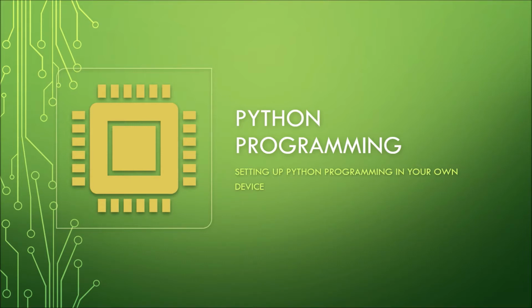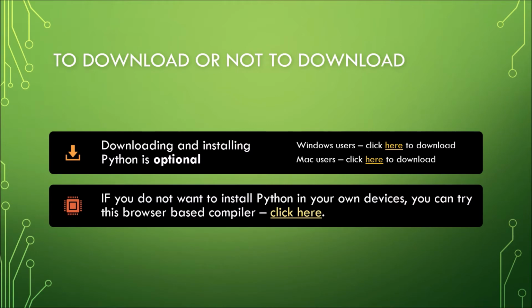Before we begin, you are going to need software to run your code, to compile your code, okay? To do that, I have two links here, one for Windows users and one for Mac users. I've also put the link in the description box below, so you can click on the link and install it on your computer.